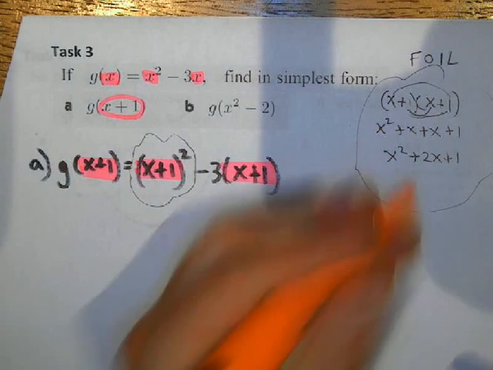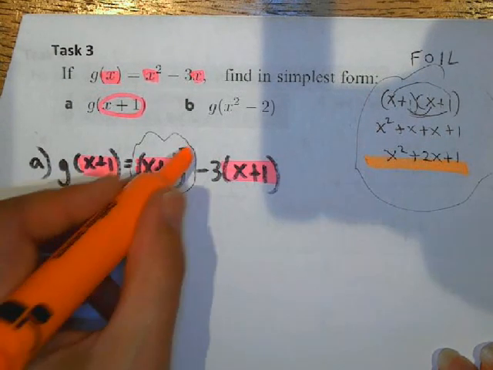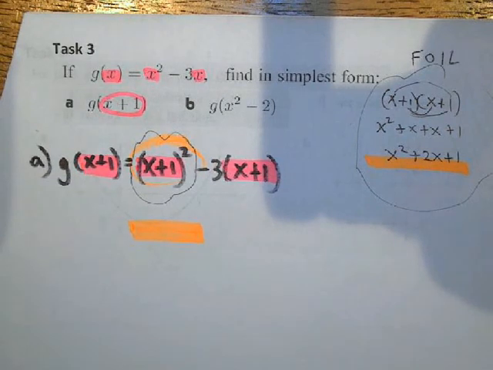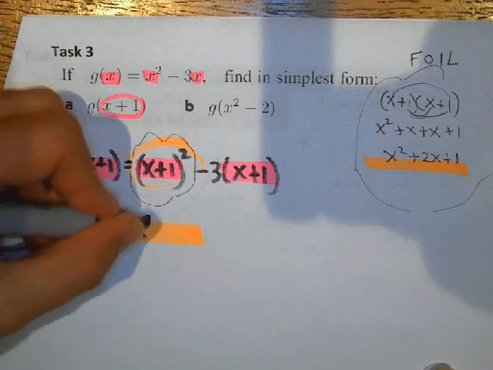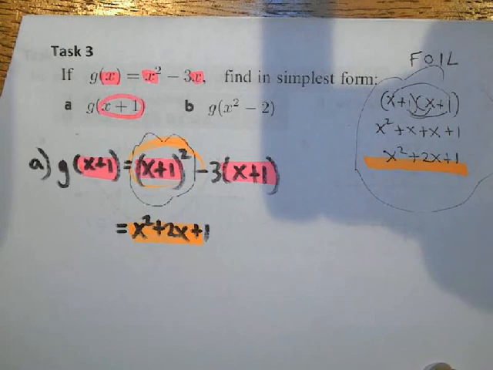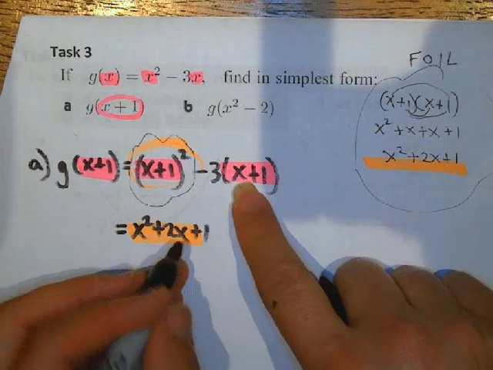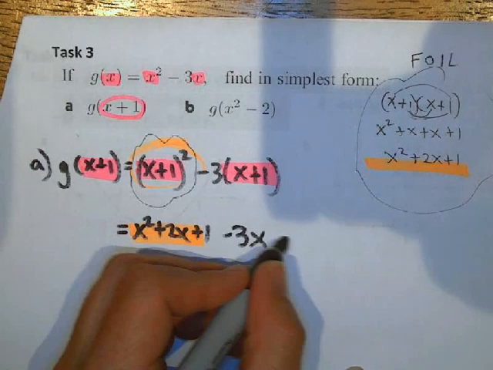And then that simplifies to x squared plus 2x plus 1. So this is what this is. So I've got x squared plus 2x plus 1. And then we have negative 3 times negative x is negative 3x, and negative 3 times positive 1 is negative 3.